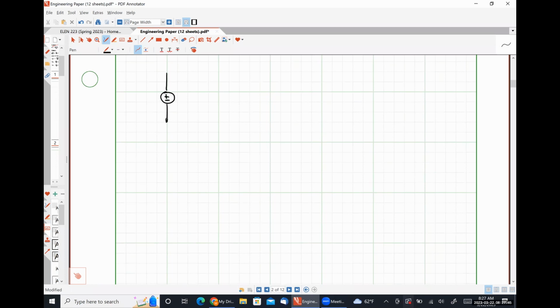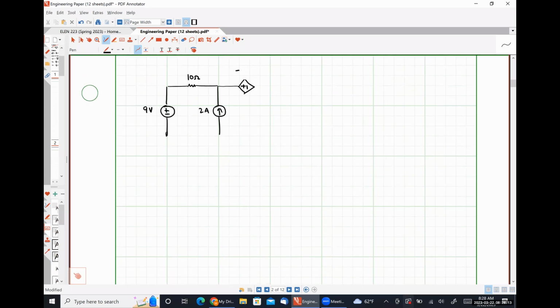All right, so let's say that we have a 9-volt source here. A 10 ohm resistor here. Two amp source here. A 5 IX voltage source here.